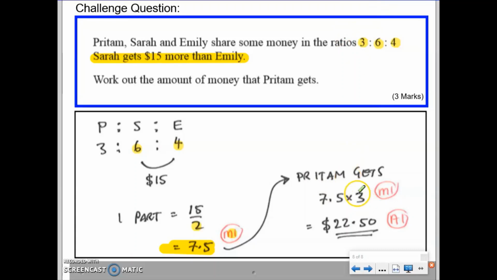So we take the 3, multiply it by the 7.5 to get our answer that he receives $22.50. You can see where the second and third method marks and answer marks come into play. Well done if you were able to answer that question correctly. That shows a great understanding of questions that involve dividing in a given ratio.